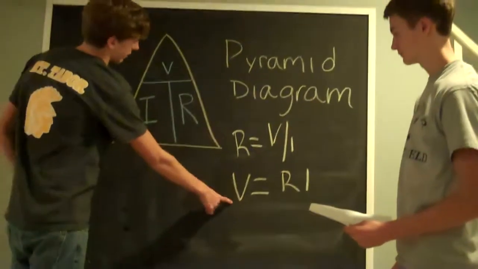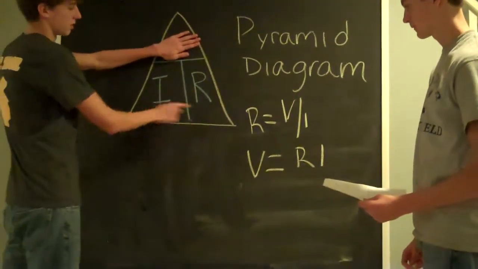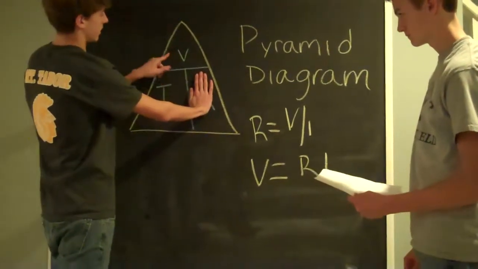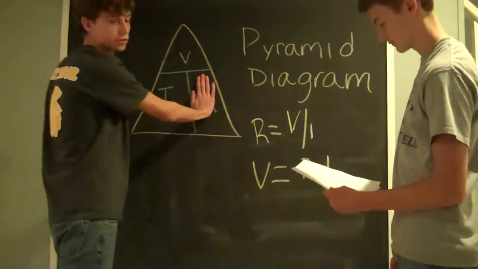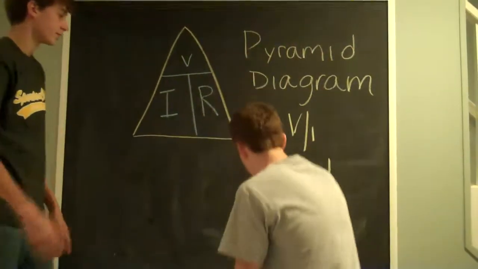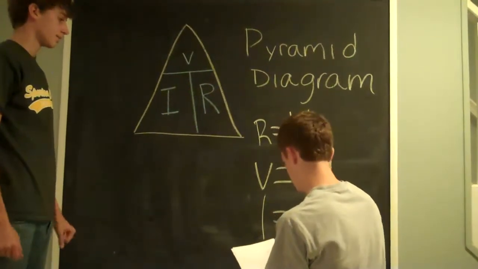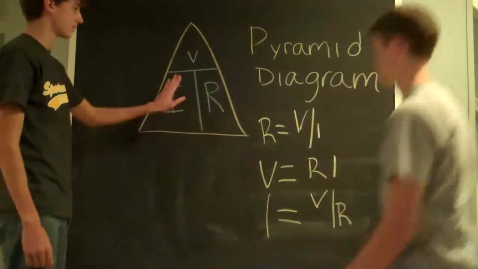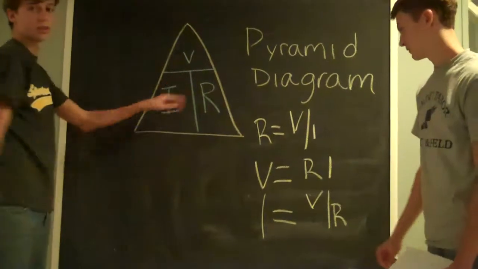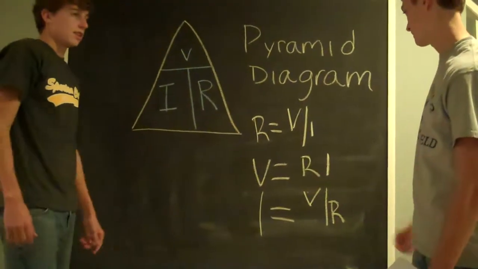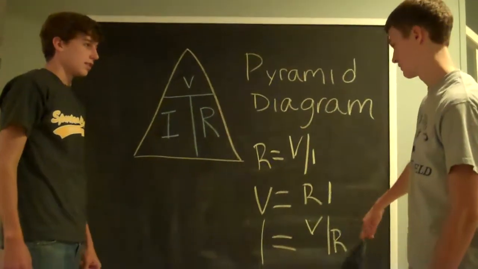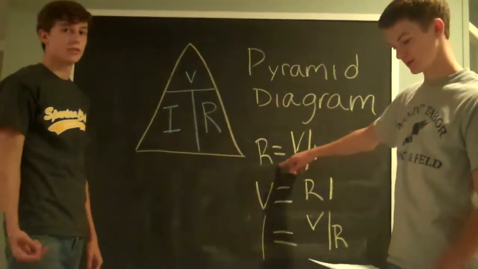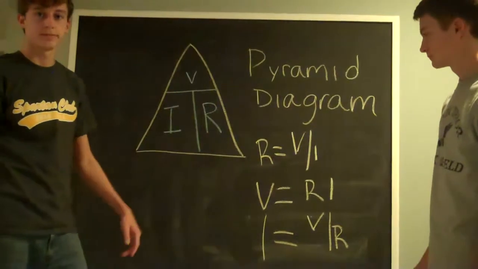If you're trying to find V, cover it up, and V equals R times I. If you're trying to find R, cover up R, and that equals V over I, voltage over current. And you have I equals V over R, it's the same thing. You can use these equations to find any of the variables you might be missing. If you have the voltage and the current, you can find the resistance. So you need two variables to find the missing one.